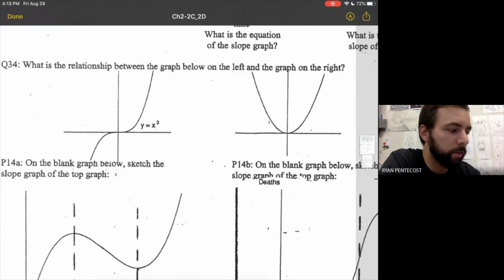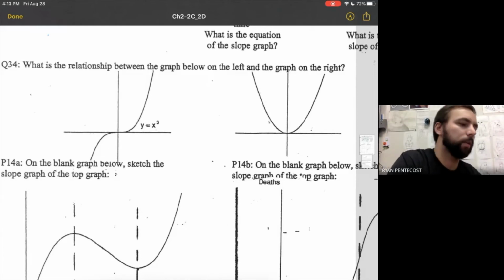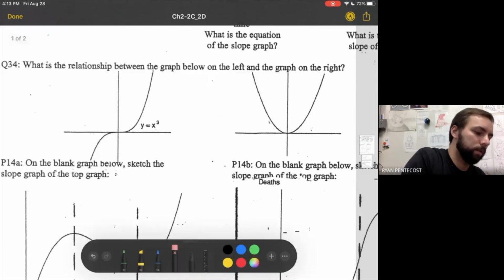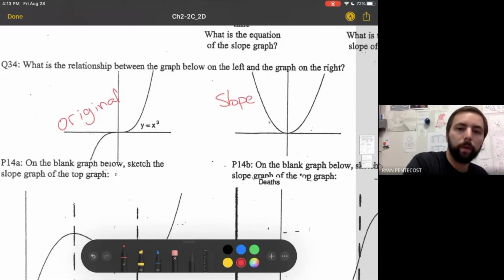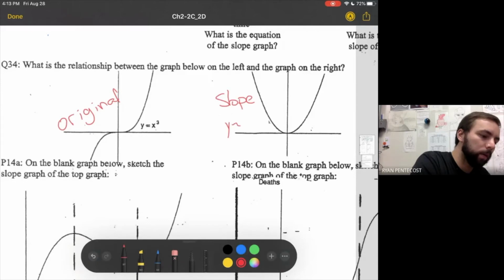The relationship between the two is that this is your original, and this would be the graph of the slope, because this is going to be approximately y equals 3x squared.